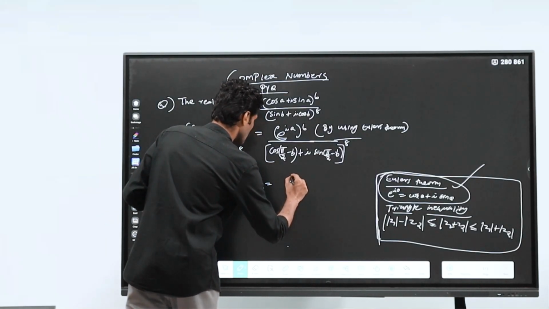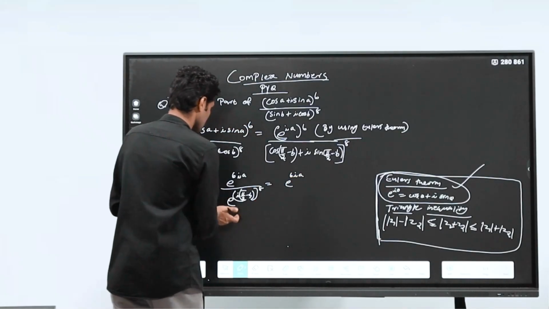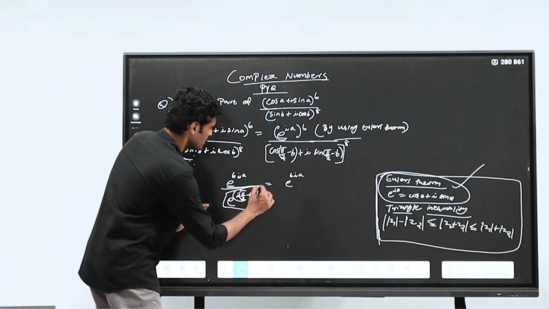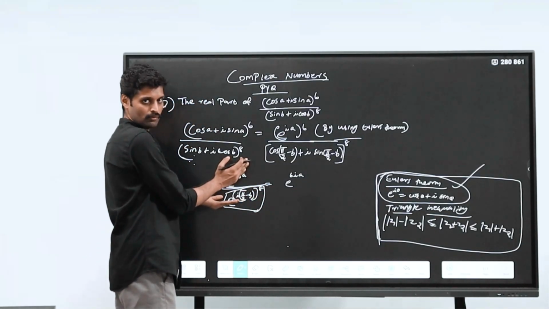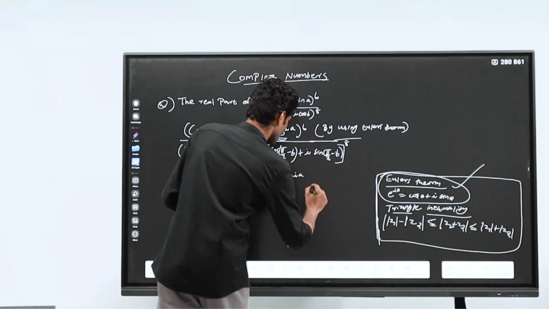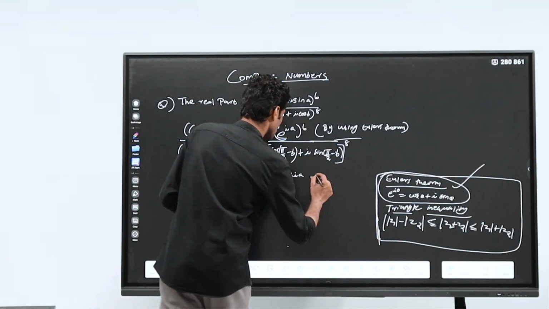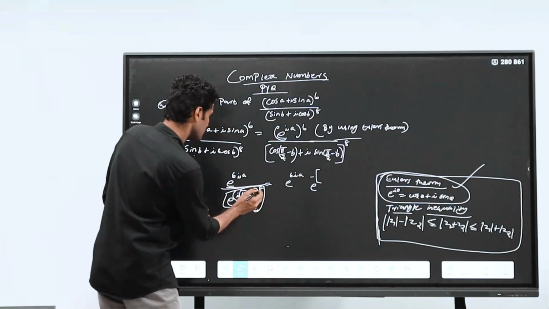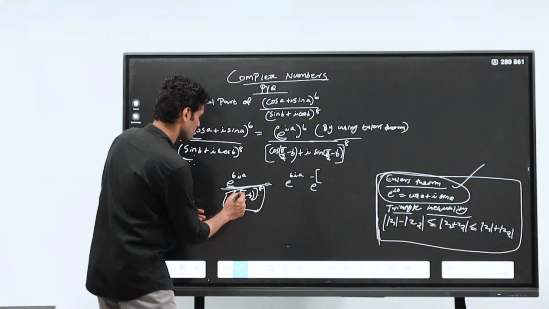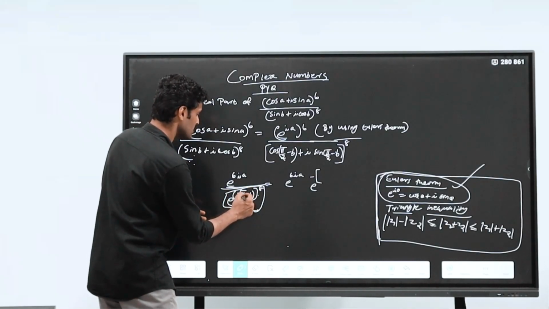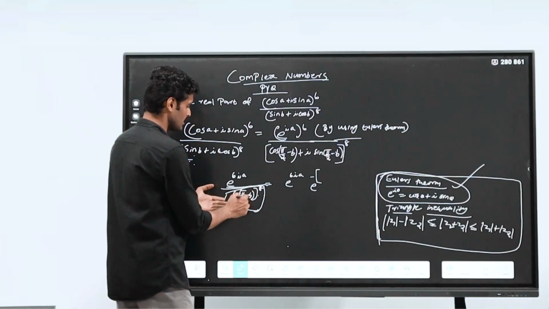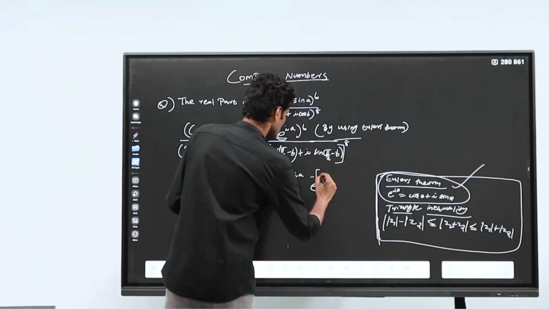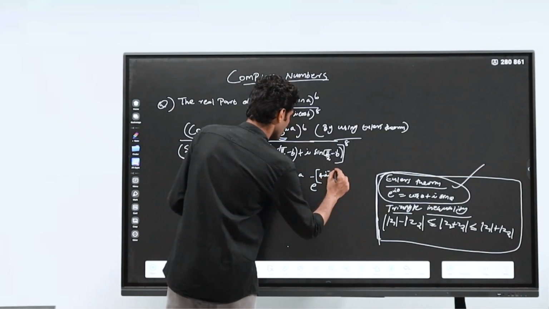The denominator can be lifted up, so we can write it as e raised to minus of 8i pi by 2. 8i pi by 2 means 4i pi, since 8 and 2 cancel, so e raised to minus 4i pi.